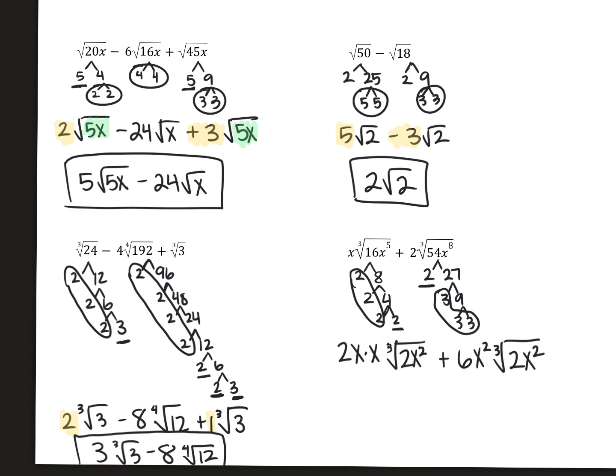So if I look, I now have a cube root 2x squared and a cube root 2x squared. So I now have like radicals. The 2x times x is going to become 2x squared. And then I have a 2x squared plus a 6x squared, which is going to give me 8x squared cube root 2x squared.